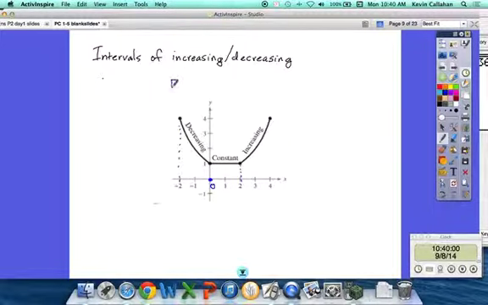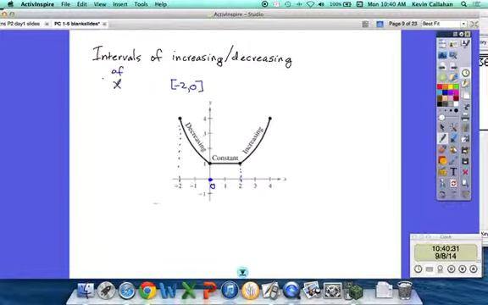I would write that like -2, and since it's got an endpoint there, 0. It's hard to tell what goes on beyond that, but -2 to 0. Don't use 4 and 1. Those are the y values. It's true, the function goes from y equals 4 to y equals 1. But when you're asked for the interval, it means intervals of x.